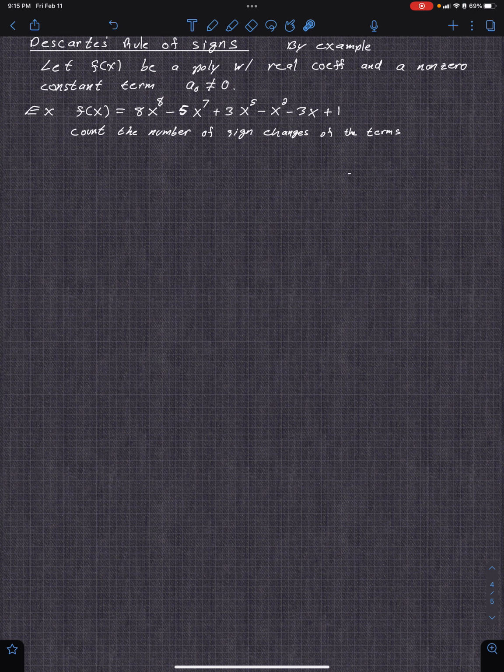This one's positive, and each time it changes sign, you count. So 1, 2, 3, 4. So there are 4 sign changes.